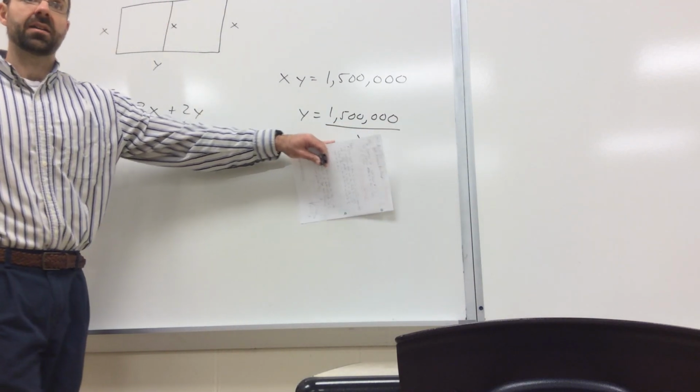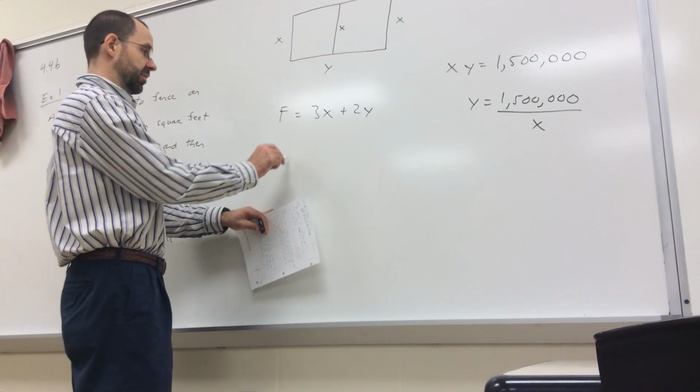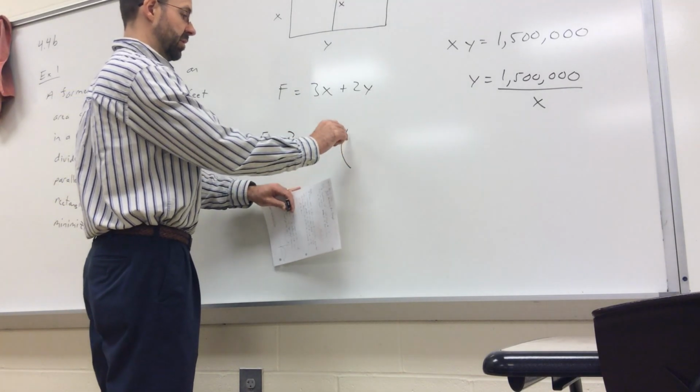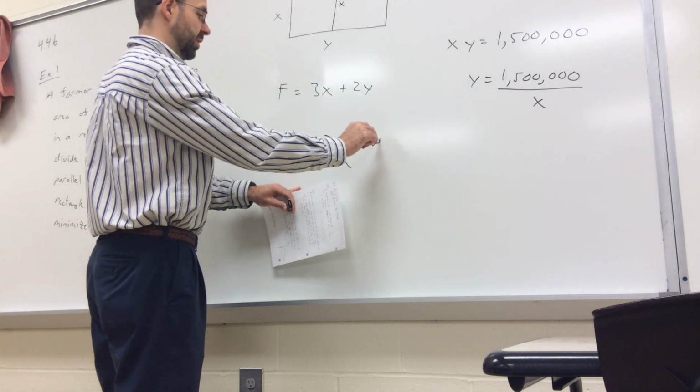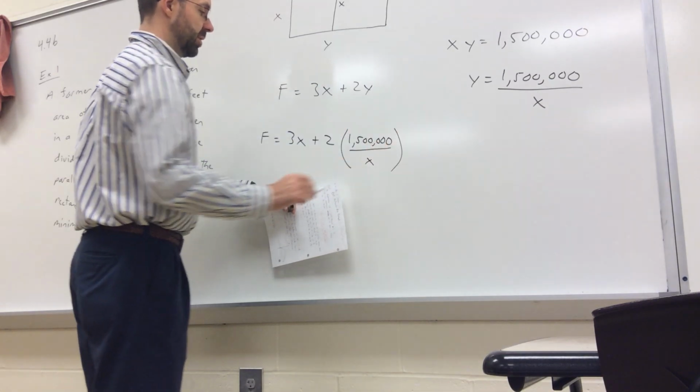So then you can take that and plug it in over here for y. So f equals 3x plus 2 times 1.5 million divided by x.